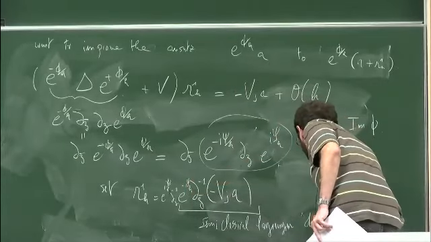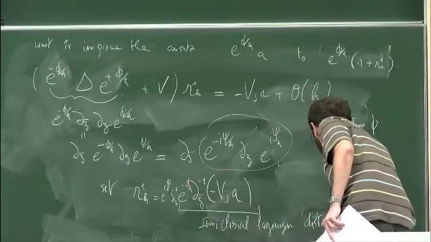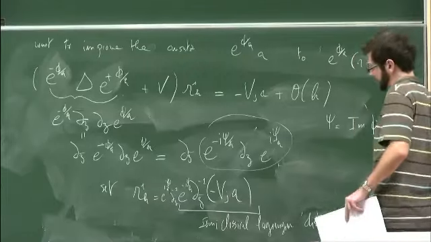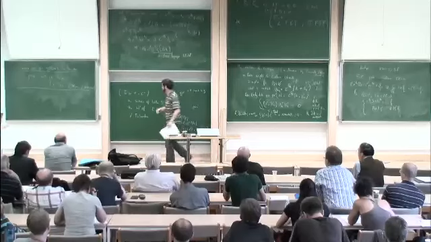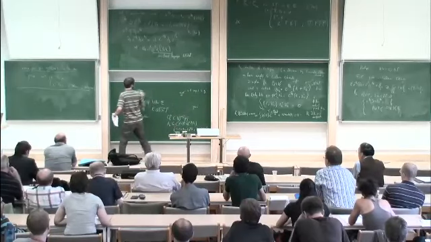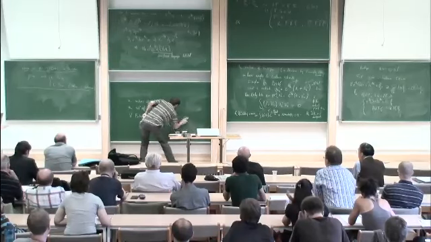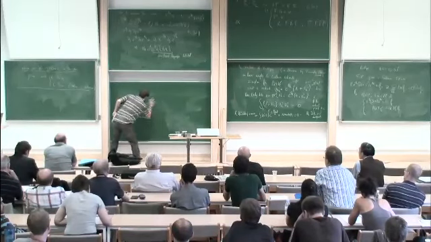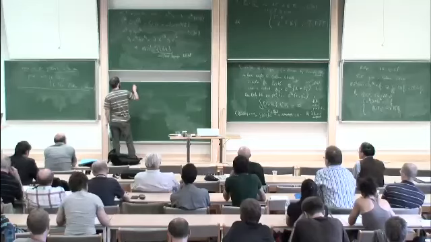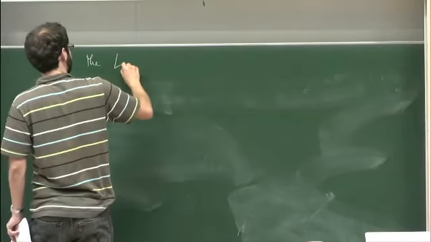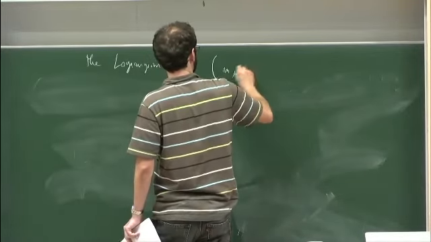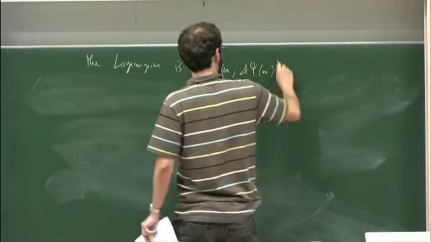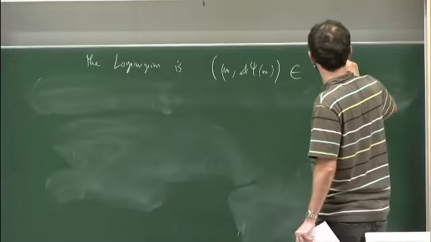So the Lagrangian is simply the graph of d psi, right? So the semi-classical wavefront set is contained in the graph of d psi. The Lagrangian is just the graph of d psi in the cotangent bundle.